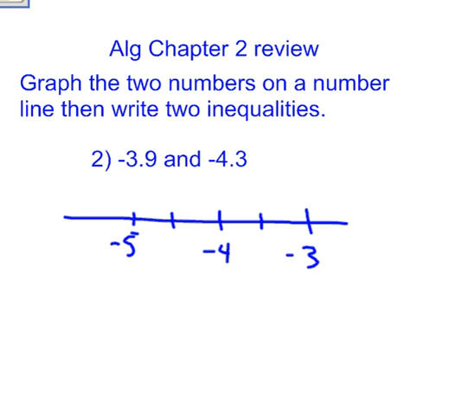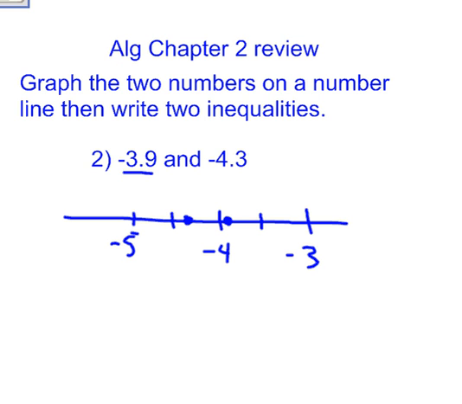And we don't have to go that far. To locate negative 3.9, here's negative 3.5, so it would be approximately right here. So there's negative 3.9. And now negative 4.3 would be past negative 4. It wouldn't quite be to the half, but maybe right here.